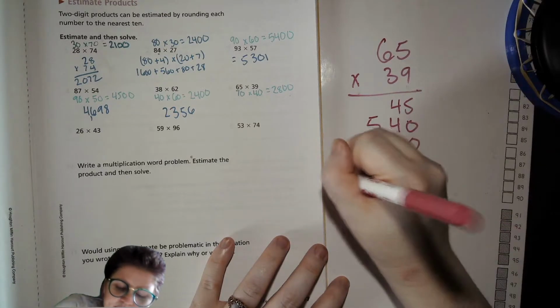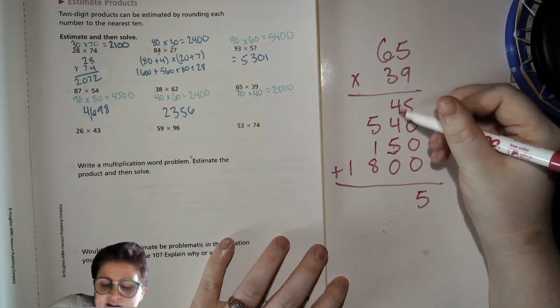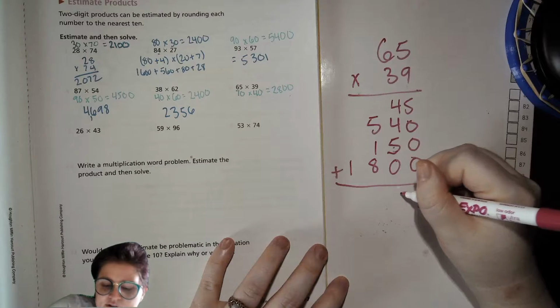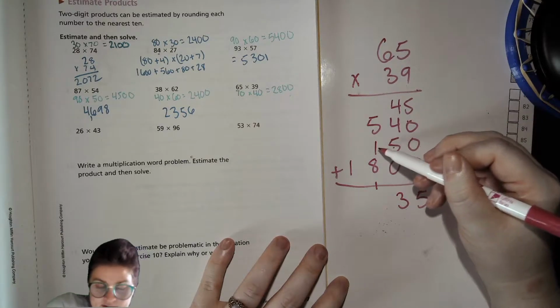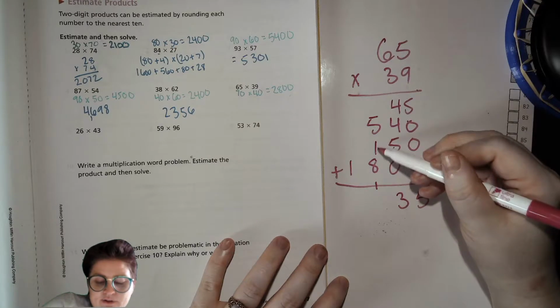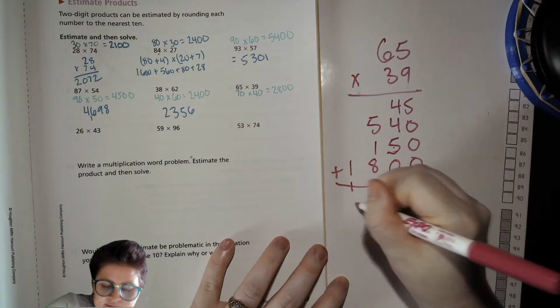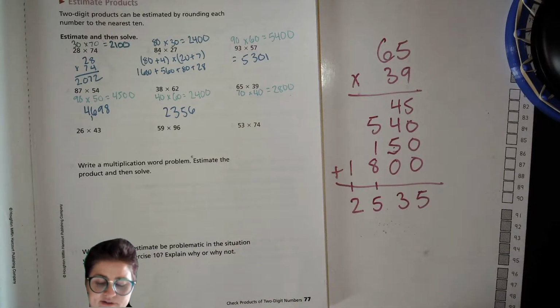Add those up. 5. 8 plus 5 is 13. 5 plus... Actually, this 8 with those two ones makes a 10, so 15. 25, 35. Pretty close.